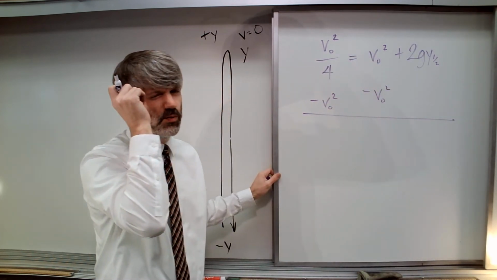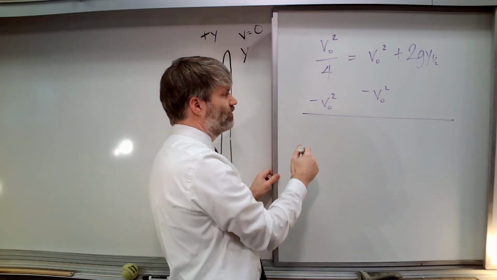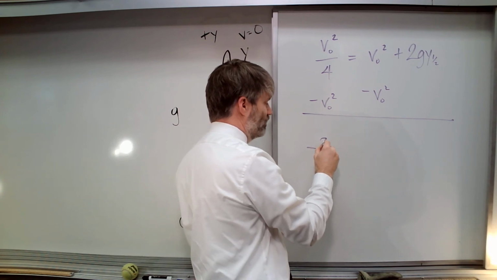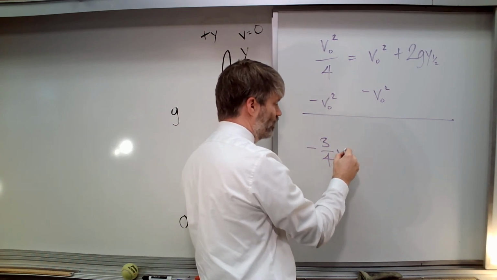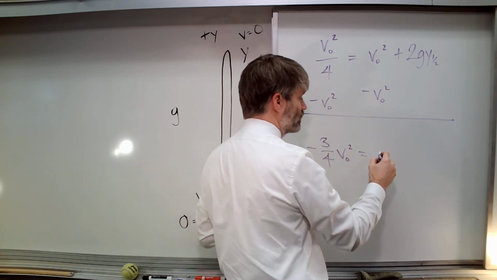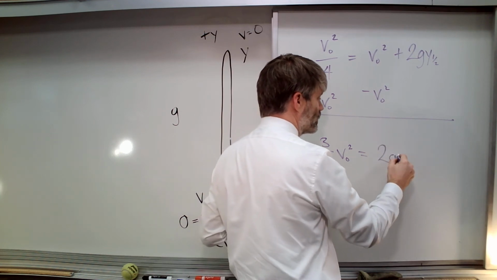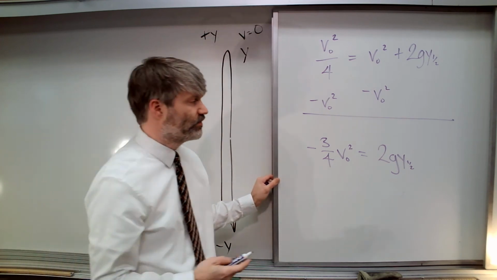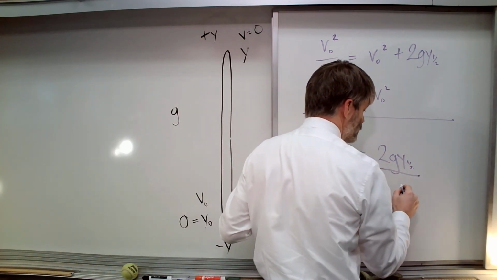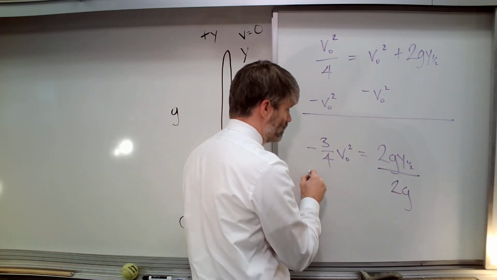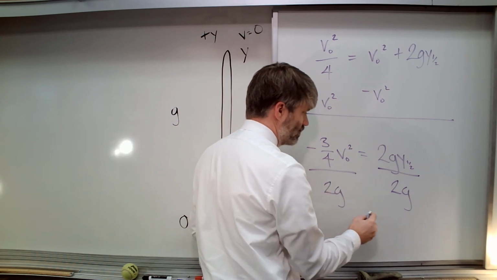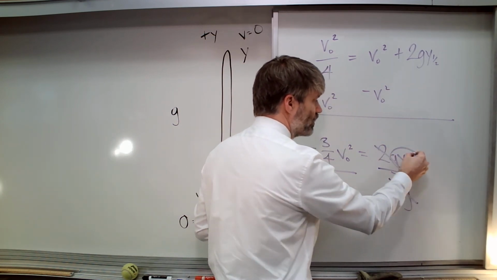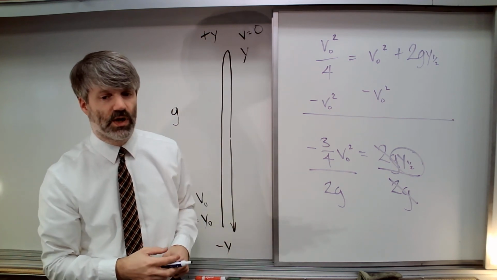So 1/4 of v0 squared minus v0 squared is going to give us a negative 3/4 of v0 squared is equal to 2g y. Solving for y, I'm going to divide both sides by 2g again. And I'm left with y1/2.